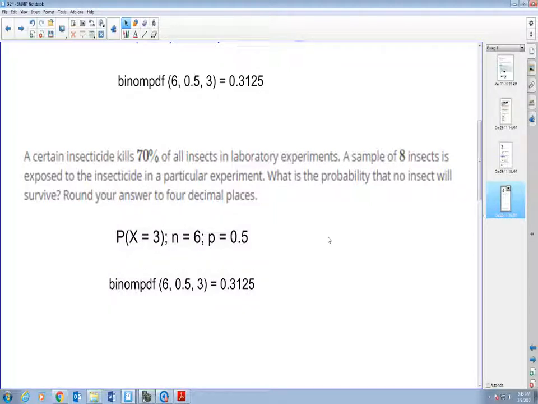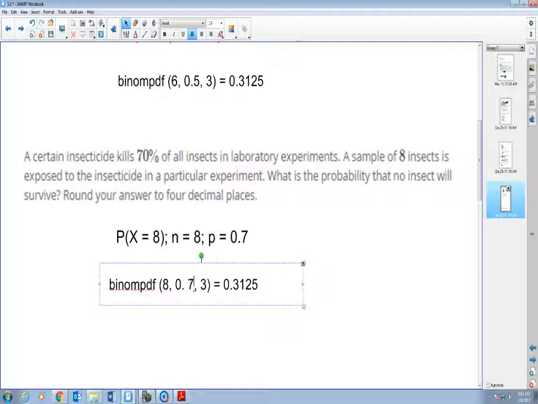I'm trying to find exactly 8 of them in my sample that will die. The number of kills is 8, the sample size is 8, and the probability of killing an insect is 0.7. So this is a binomial PDF. N is 8, P is 0.7, and I want all 8 of them to die.